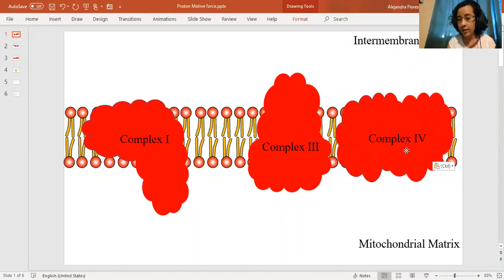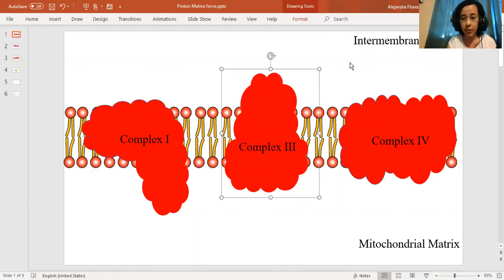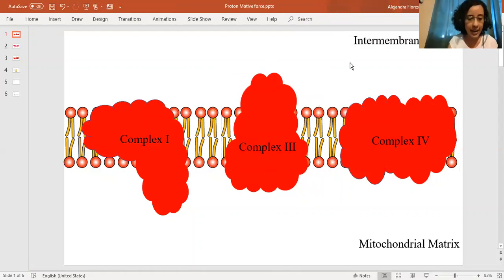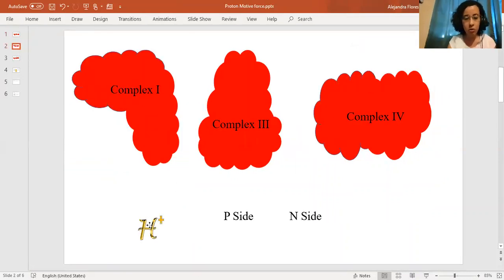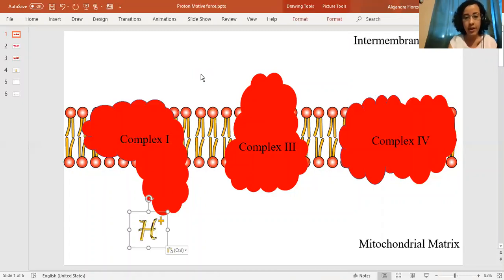I'm not putting it in here because complex 2 doesn't pump protons into the intermembrane space. Just notice that it exists and it has other functions, but for what I'm trying to explain, I'm gonna skip it. So you have complex 1, 3, and 4 that are able to pump the protons using the energy caused by the movement of electrons taken by NADH.